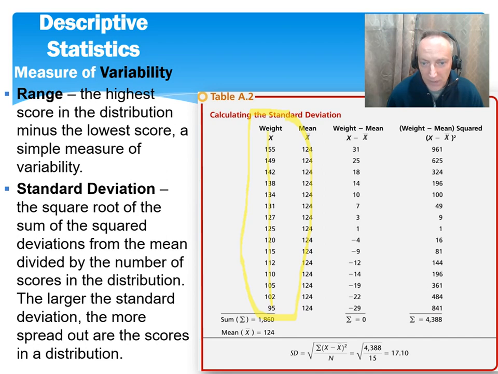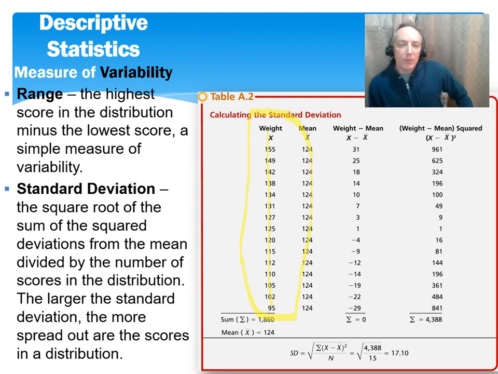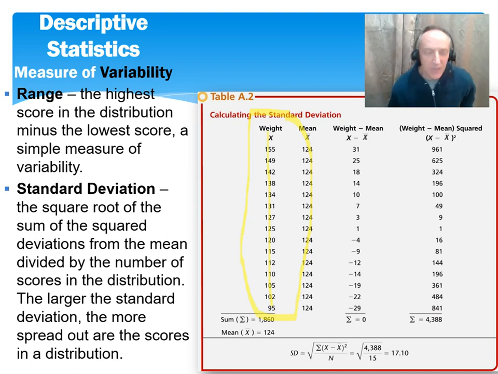Now, when we have values that were lower than 124, we're going to end up with negative numbers. Now, I'm going to be quite honest with you. My math skills have not progressed much beyond middle school. However, I do know dealing with negative numbers mucks things up, and even I know with my limited math skills that if you multiply a negative by a negative, for some reason you get a positive.